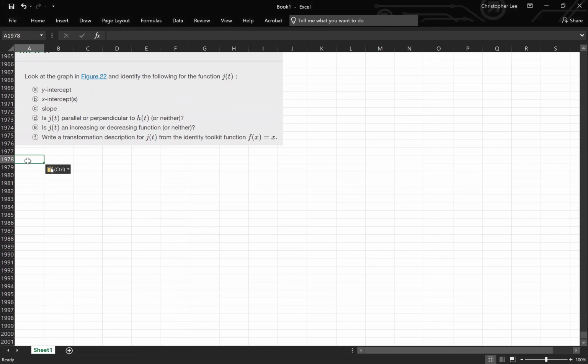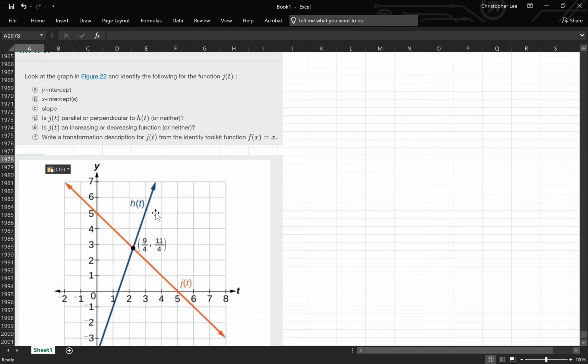How would you know, outside of just looking at the graph? Well, if they don't intersect, just looking at it, the slopes would be the same slope, right? So that's parallel slopes, you know?